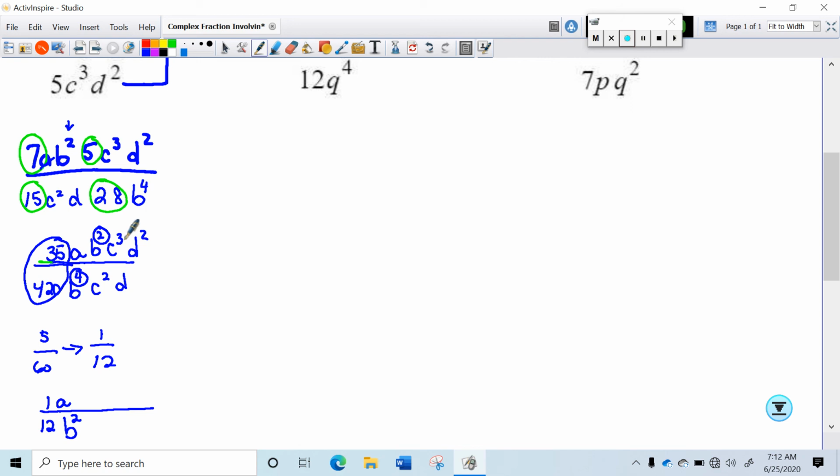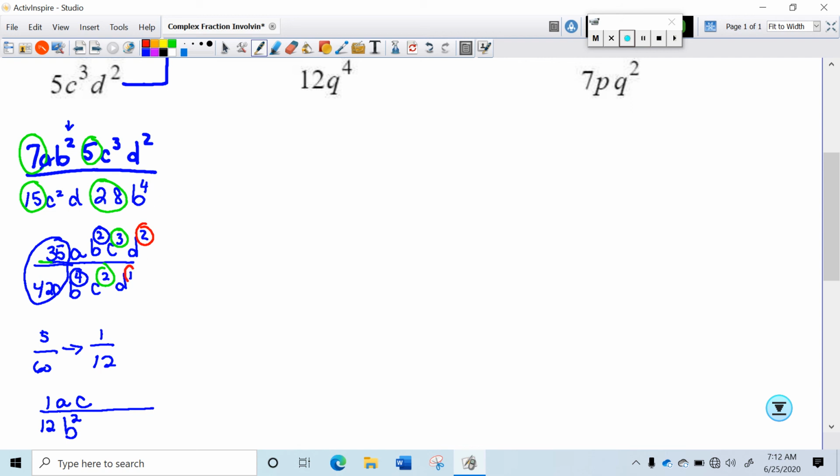For my C's, I have a 3 and a 2. So that biggest exponent's on the top, so my C is going to be on the top. And then 3 take away 2 is 1. But if the exponent's 1, you don't have to put it. For my D's, I have 2, and if there is no exponent, it's assumed to be a 1.